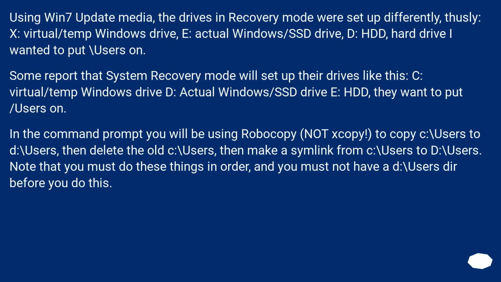In the command prompt you will be using robocopy, not xcopy, to copy C:\users to D:\users, then delete the old C:\users, then make a symlink from C:\users to D:\users. Note that you must do these things in order, and you must not have a D:\users directory before you do this.